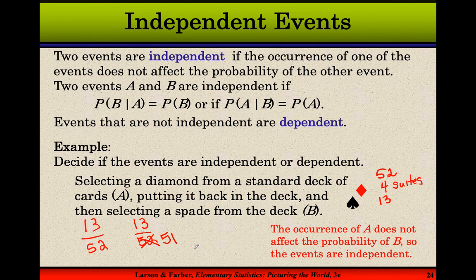Now it's 13 out of 51. So this probability has been affected by what I did here. So when we're talking about independence, sometimes the idea of keeping it or putting it back, sometimes that's called replacing or without replacement, is a good way to tell if events are independent or dependent.